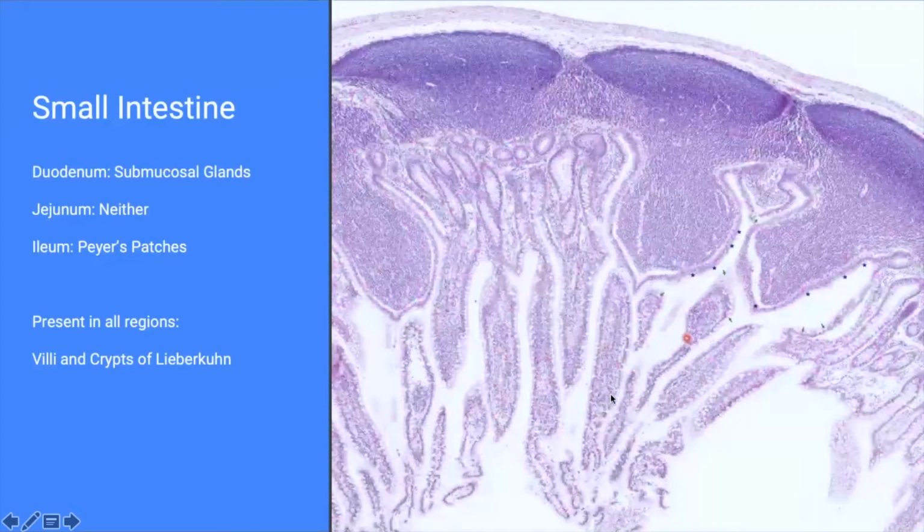And then our ileum, we see villi and crypts again, but the unique feature of the ileum is going to be these collections of inflammatory and immune cells termed Peyer's patches, and also secondarily termed mucosa-associated lymphoid tissue, that are sitting within the wall, within the submucosa of our ileum.